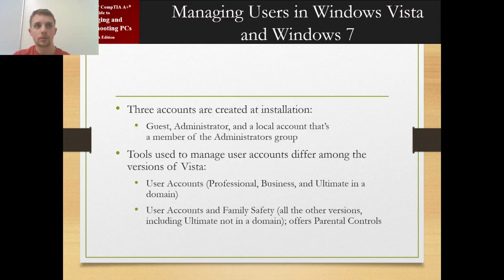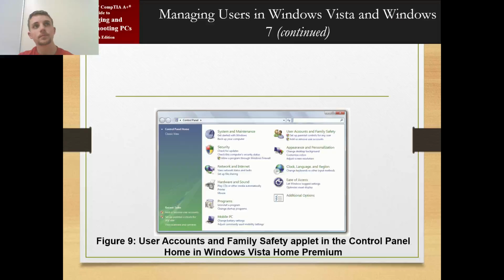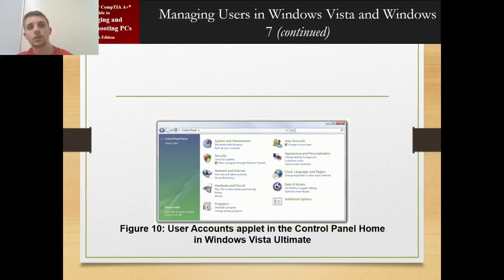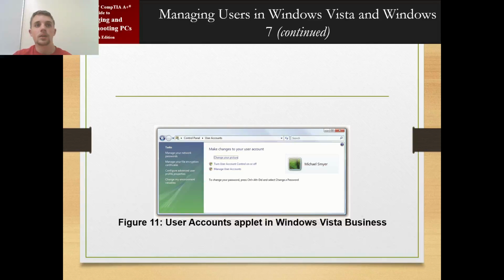And then, regular user accounts for every other version. And there it is. And then here's how it's different. So you can see family safety, no family safety. And then it's the same thing as XP.